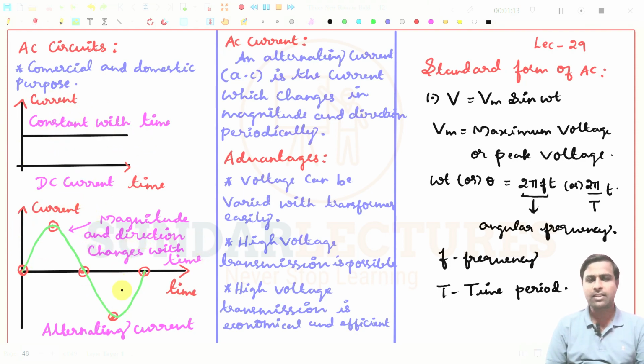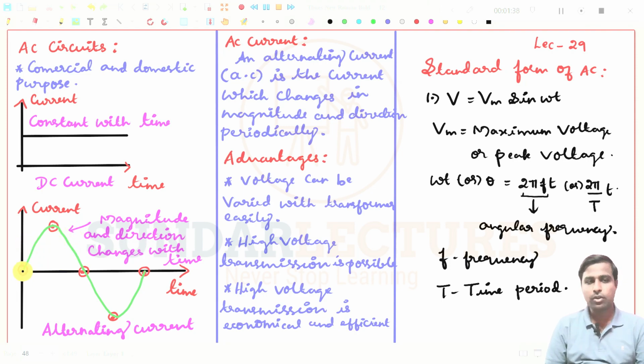And if it is an AC current, you can see this waveform. This is a sinusoidal waveform. This is the magnitude, and this magnitude is changing with respect to time. This is the time axis, and this is the current axis, though it can be a voltage also.